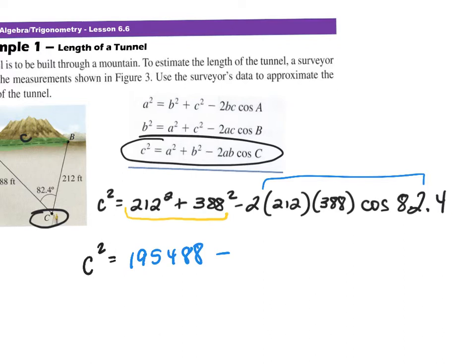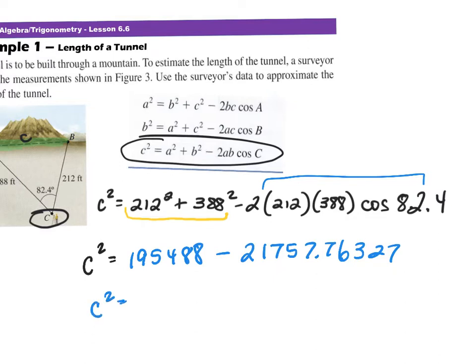And I got 21,757.76327. Agree or disagree with me? Anybody? Agree. Okay. So now simplify again.